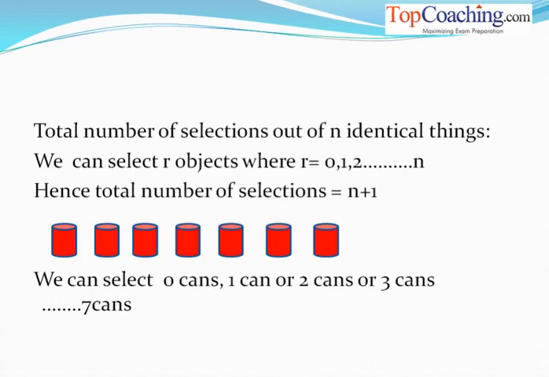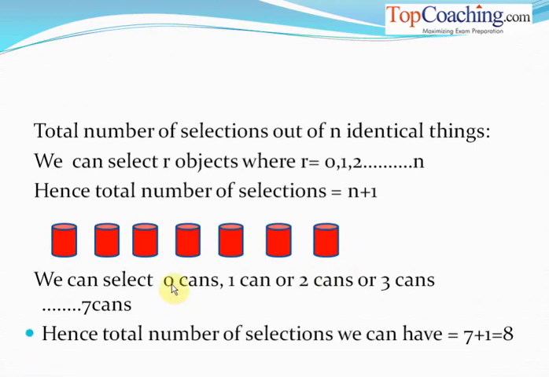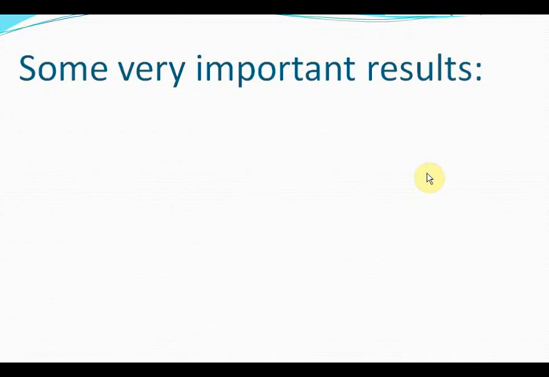So the total number of selections becomes 7 plus 1, that is equal to 8, or n plus 1, where n is equal to 7. Thus we can say that the total number of selections out of n identical things is equal to n plus 1.